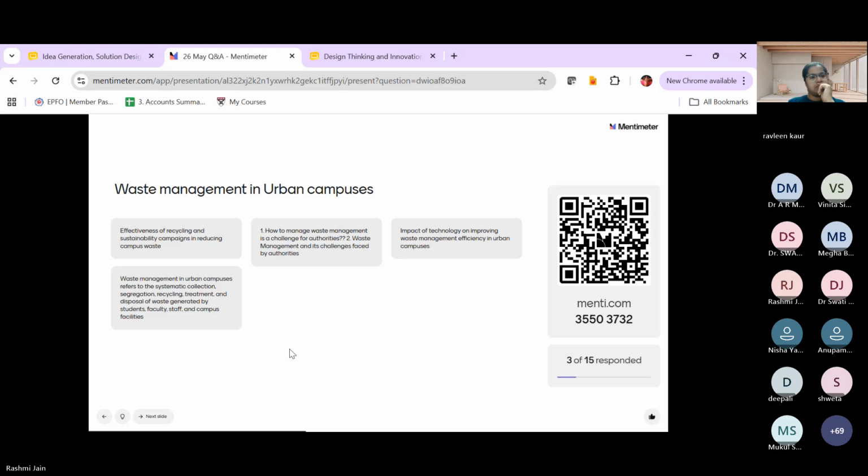If you can restructure it a bit more from the framing-of-the-problem perspective. It's just the definition of waste management in urban campuses. I beg your pardon, whoever has written this statement, this will not qualify as your topic.